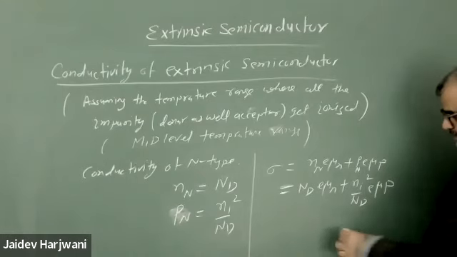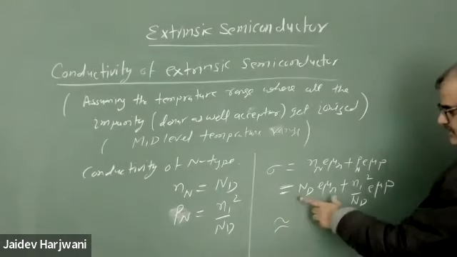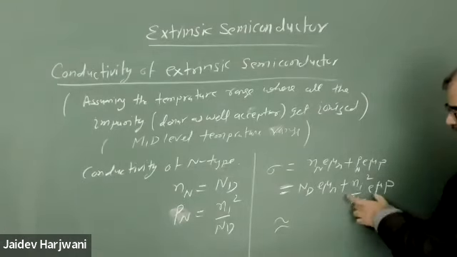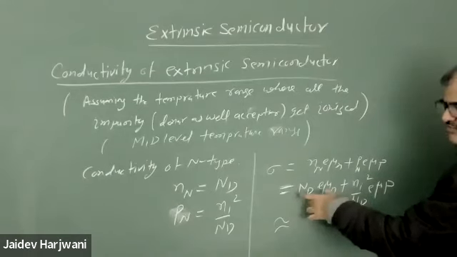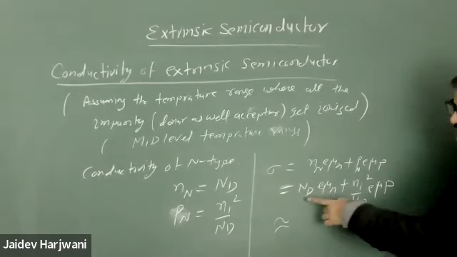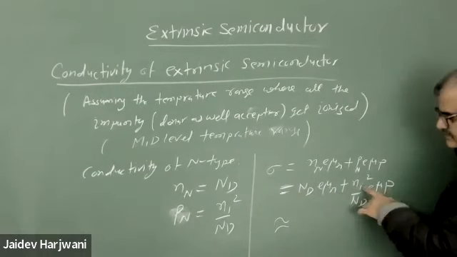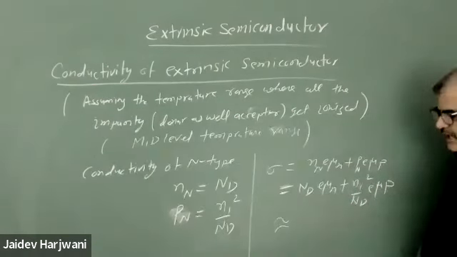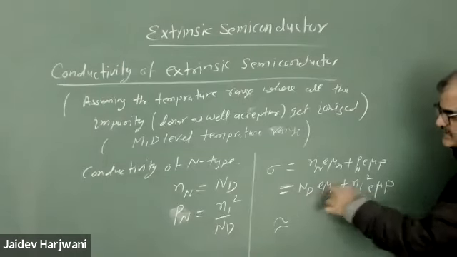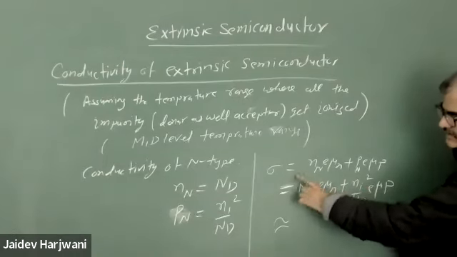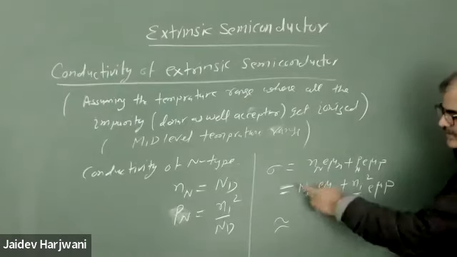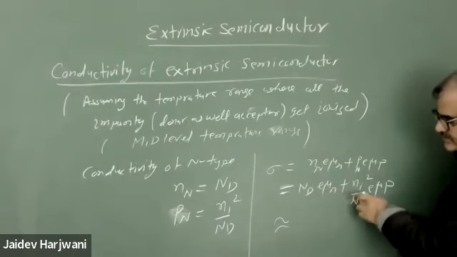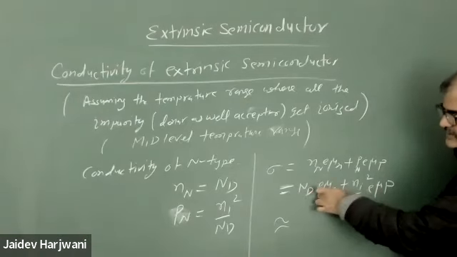Now, this first term is generally very high compared to this one. Suppose there is only a difference of one order; then this becomes 0.1. Generally the difference is more than one order, so this second term is neglected compared to the first one.